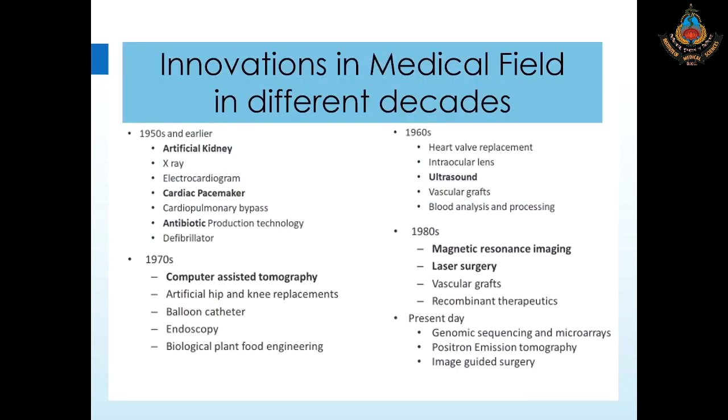Now we discuss the innovations in the medical field in different decades. In 1950 or earlier, we had the artificial kidney for kidney disorders, X-ray to study bony abnormalities, echocardiogram for heart function, the cardiac pacemaker for heart block or a less active heart to correct them, and cardiopulmonary bypass for coronary bypass surgery.